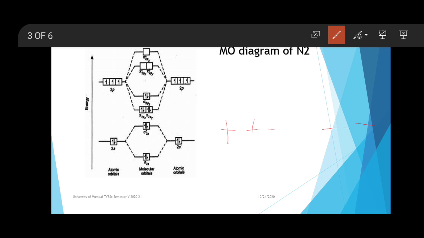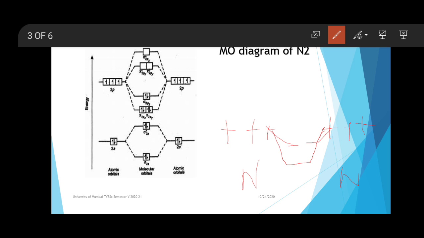So this is first, second, third for the first nitrogen atom, and first, second, third for the second nitrogen atom. Again, 3 orbitals of the first nitrogen and 3 orbitals of the second nitrogen combine, so there is formation of a total of 6 molecular orbitals, and out of those 6, 3 will be bonding like this and 3 will be anti-bonding.